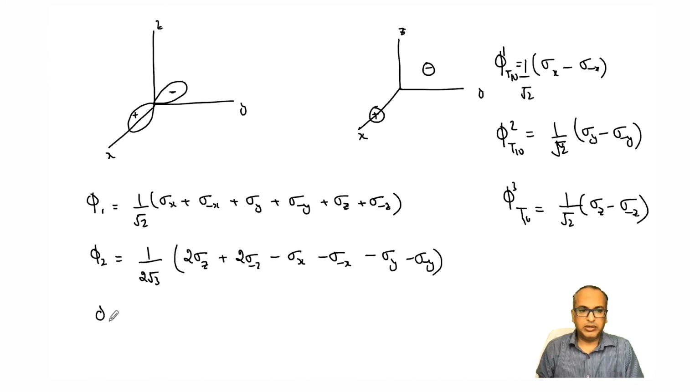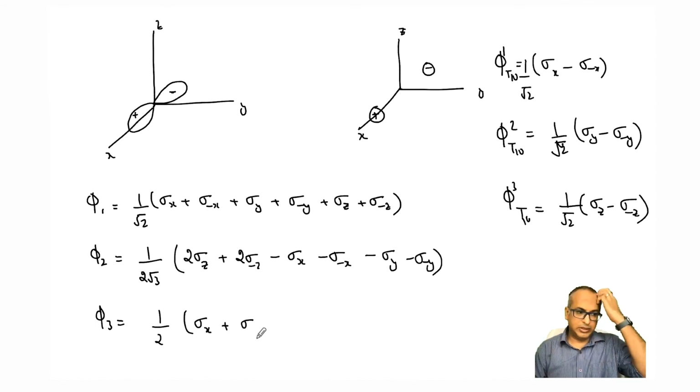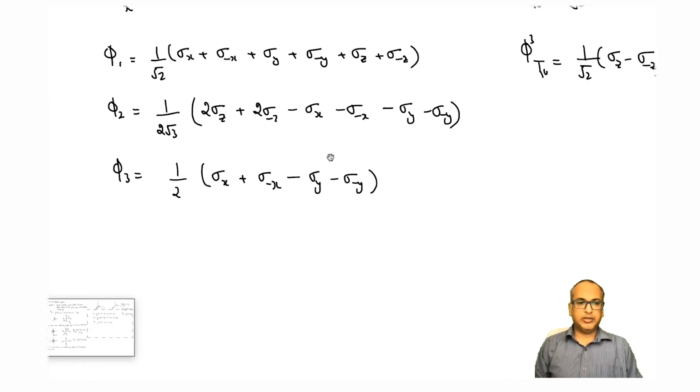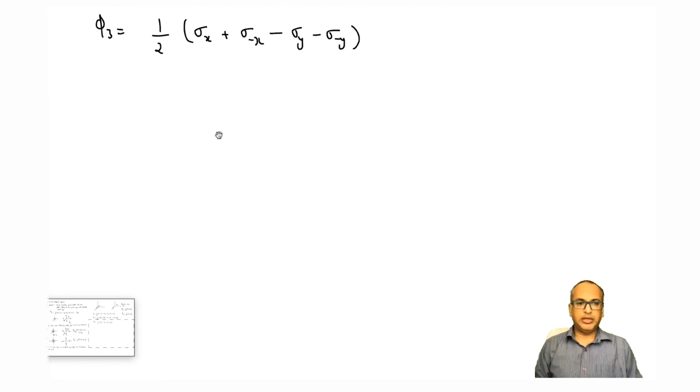And the third one was 1 over 2 (sigma x plus sigma minus x minus sigma y minus sigma minus y), and 3 are written here. So we have got 6 of them, 3 with T1U symmetry, 2 with EG symmetry, 1 with A1G symmetry, right?